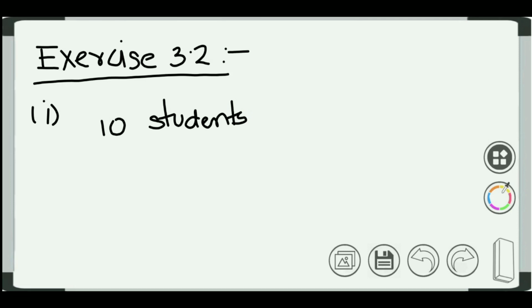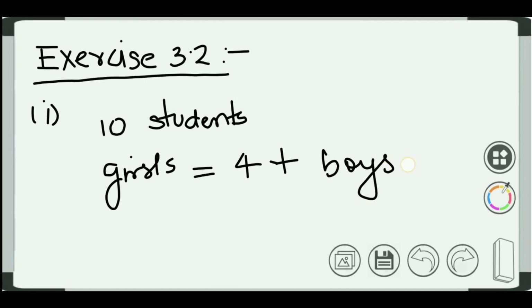Another information given in the question is the number of girls is 4 more than the number of boys. Okay, so you need to find how many girls were there, how many boys were there by using graph.